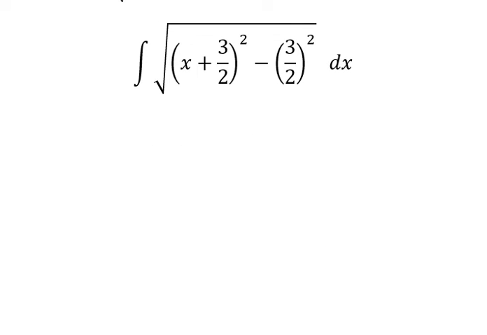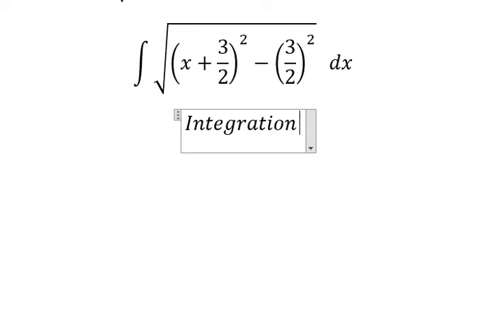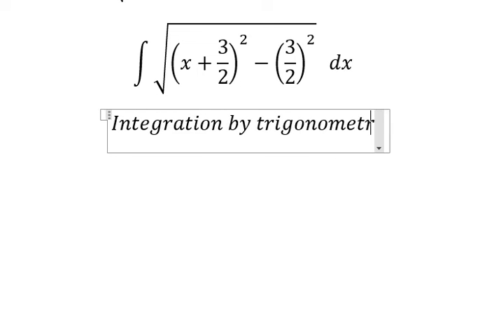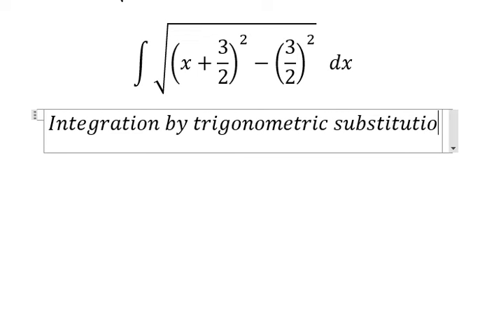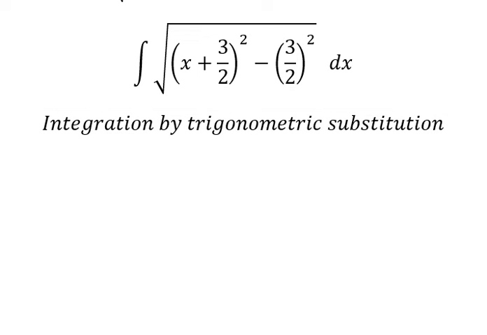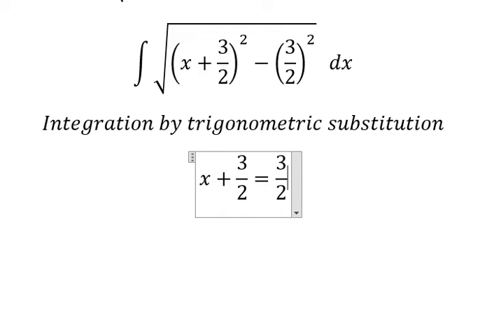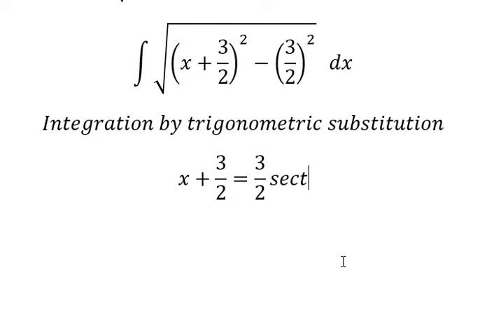Next, we need to use about integration by trigonometric substitution. So I will put about s plus 3 over 2 equals to number 3 over 2 secant of t.